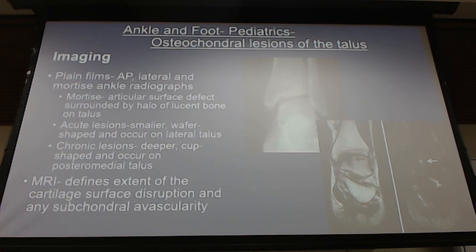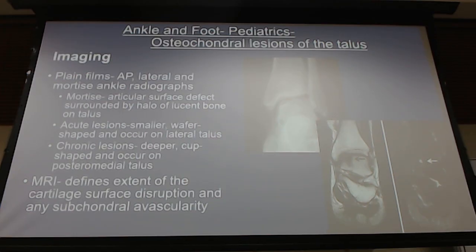Separates from the underlying bone, and now you've got a loose fragment in the joint. Okay. Loose fragments in any joint is not acceptable, right? It's bad for a joint, because things move around and affect the rest of the cartilage.